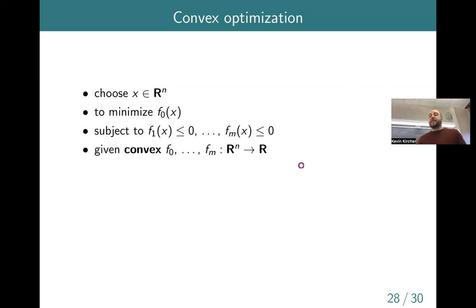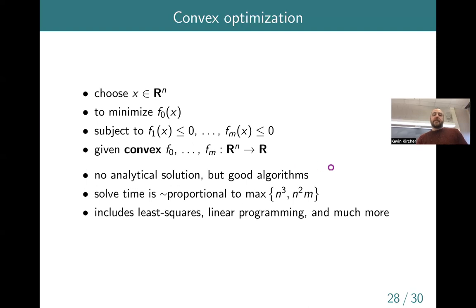And again, I've said that word like 1,000 times this lecture, and you guys are still scratching your heads. It's a notion of curvature, right? So it just means in a scalar case, you're looking at something that's kind of bowl-shaped rather than squiggly or like an upside-down bowl. But it has a generalization to n dimensions, and we'll talk about that next lecture. So for convex optimization problems, there is no analytical solution, right?